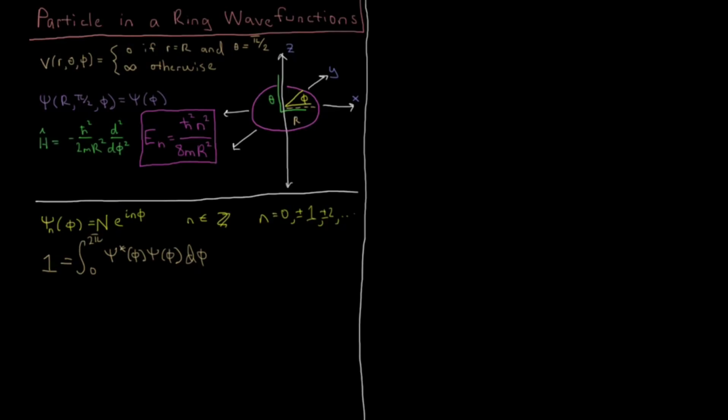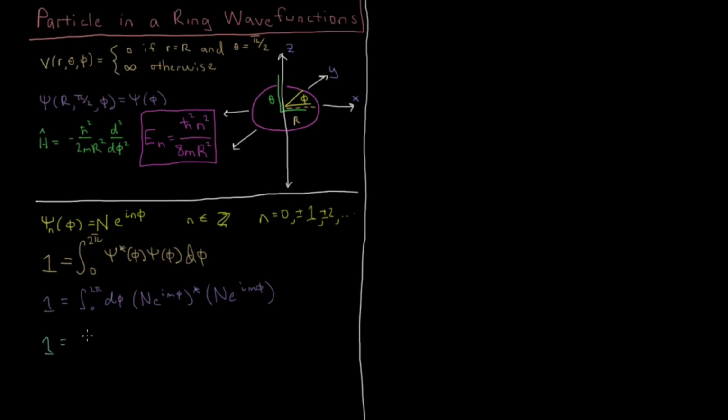Okay, so we can plug in psi star and psi here. Integral 0 to 2 pi d phi. We have N e to the i n phi, starred, times N e to the i n phi. Then taking the complex conjugate here, we have a square root of minus 1 and i there, so we have to switch the sign on that.